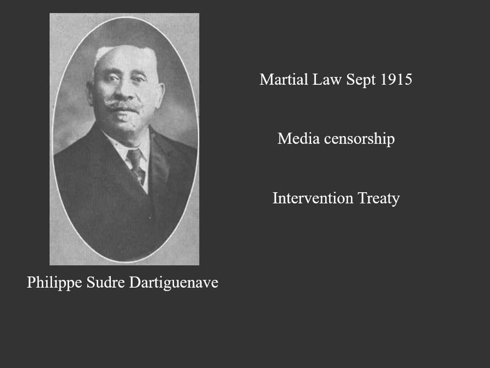Dartiguenave then started to negotiate with the United States a treaty that would legalize the U.S. intervention in Haiti and possibly even give the United States even more power to choose financial advisors that would generally run all of Haiti's economy, at least run the government tax collection and spending systems.